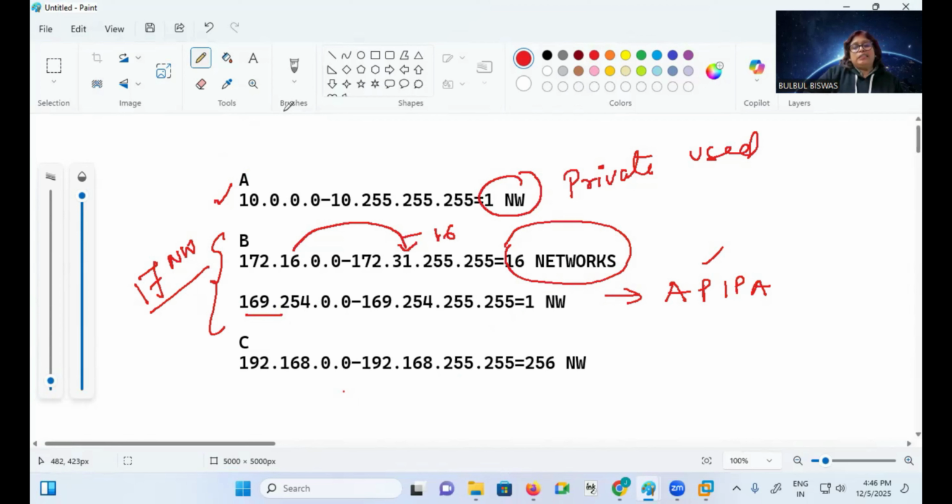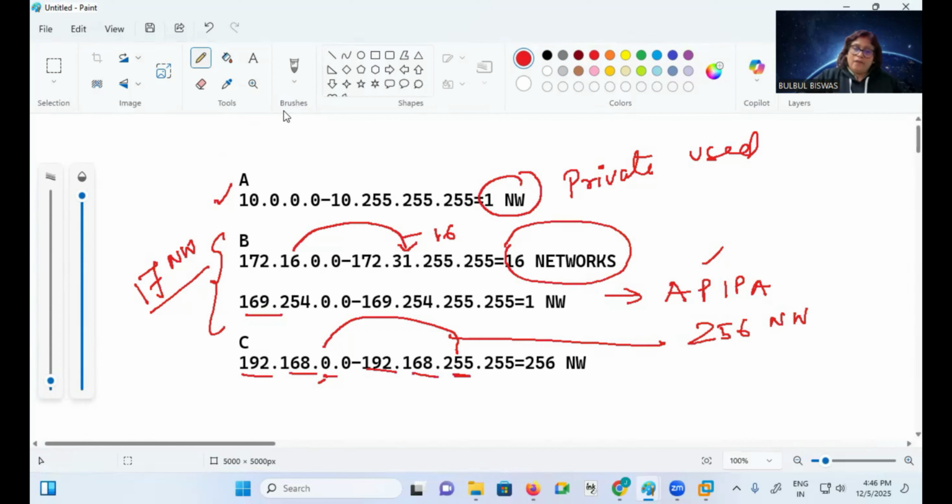And if I go for class C, you can see this 192 does not change, 168 does not change, but here it is 0 to 255, which means 256 networks are reserved for private use.